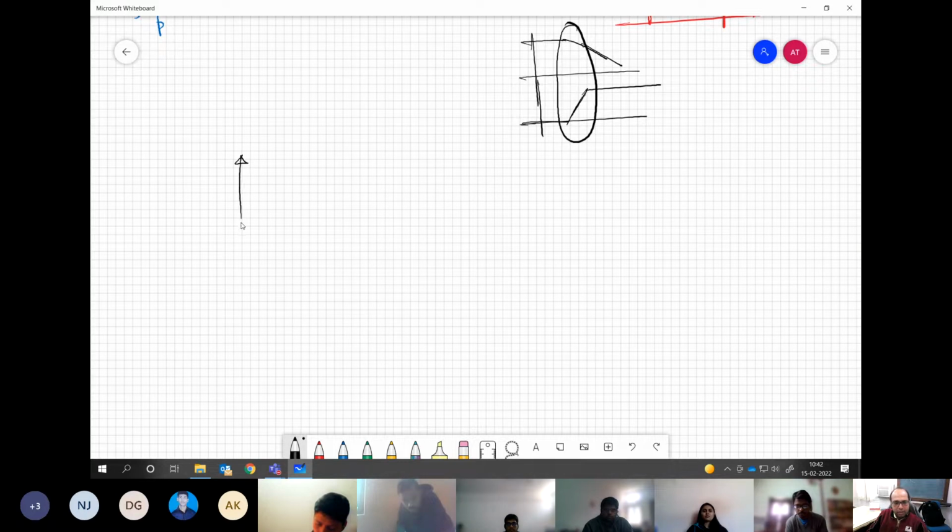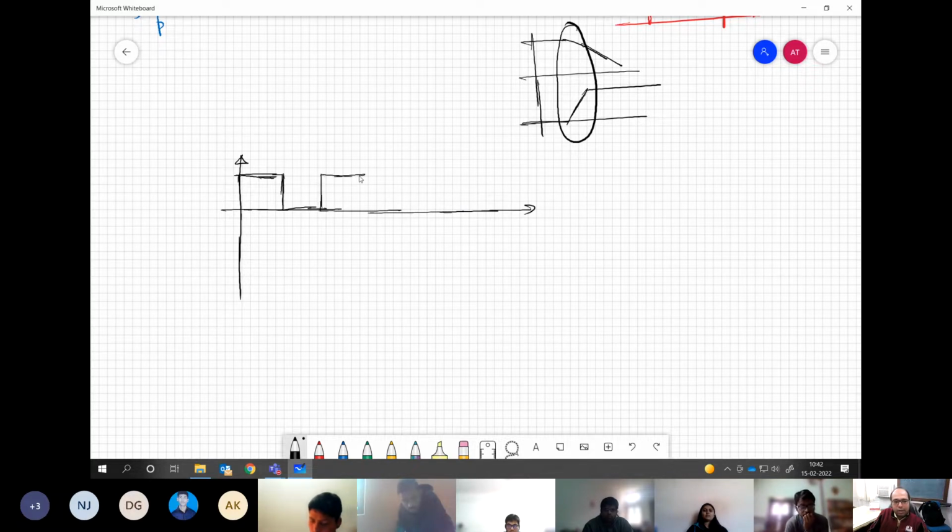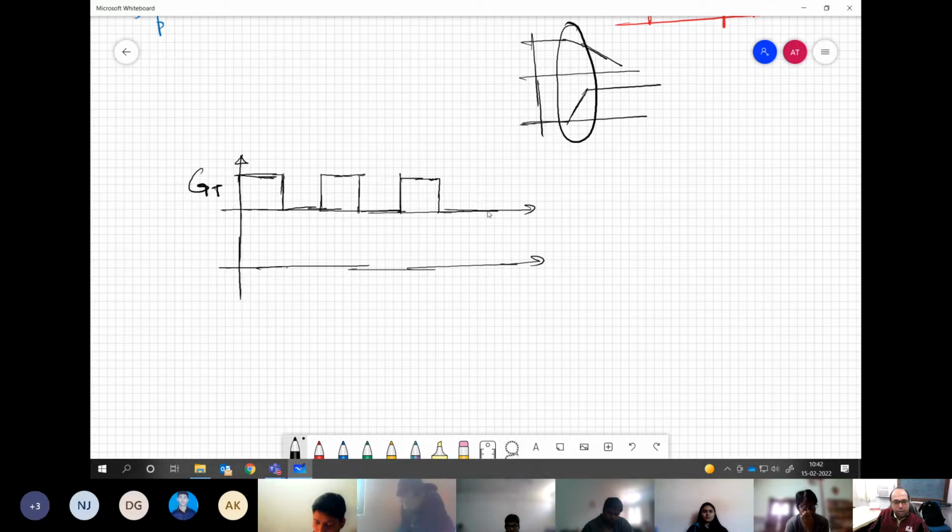Let us say, now a little bit of converter we are trying to understand over here. Let's say this is the pulse given for the top device. Gate pulse for top device. Now, what is expected in general is that your bottom is exactly inverted, the NOT of this top.